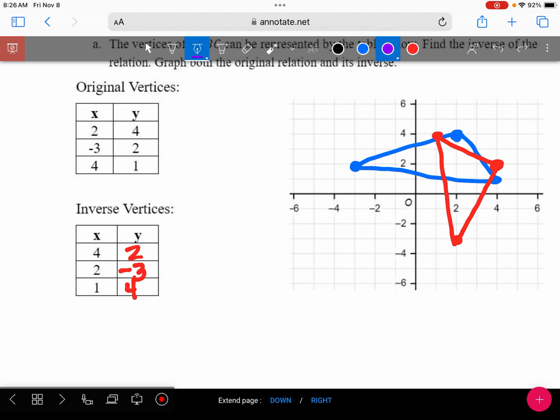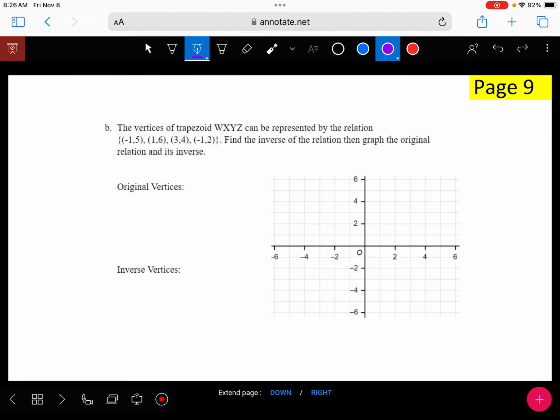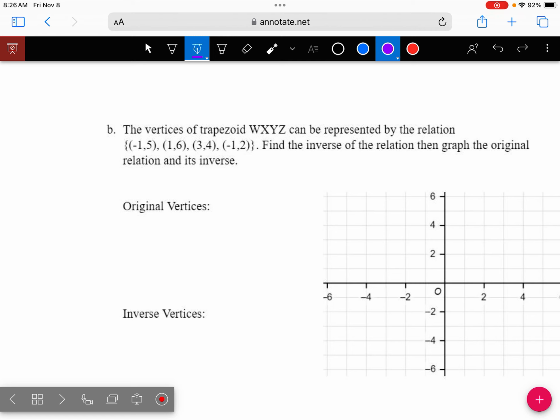All right, let's do 2 more. So for the next one, I believe we're doing a trapezoid. So I'm going to make my table for the original. It says the vertices of a trapezoid WXYZ can be represented by the relation, and these are my 4 points.